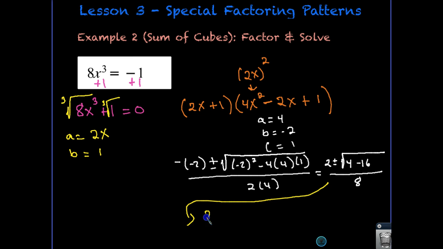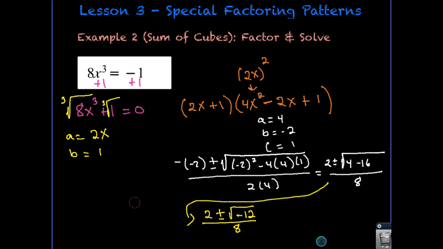So we end up with 2 plus or minus the square root of negative 12 over 8. Well, when I'm looking at that 12, what I want to pull out are perfect squares. So what we have here is negative 12, and I'm going to pull the negative out.